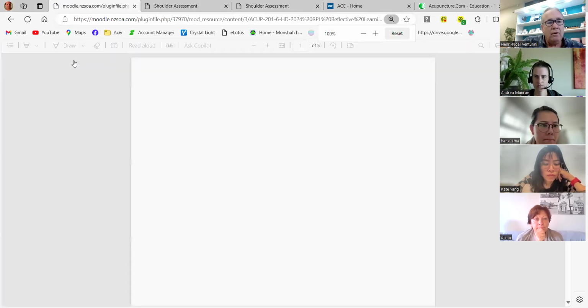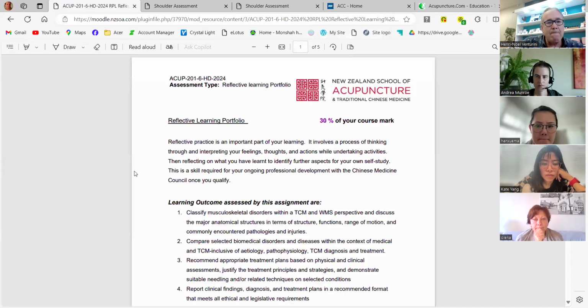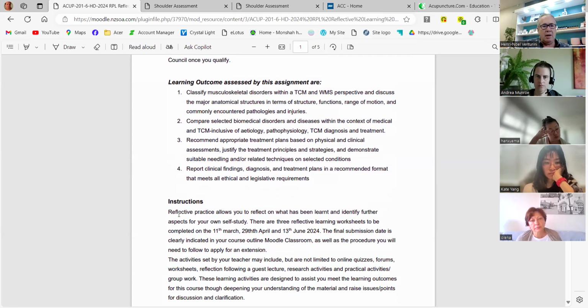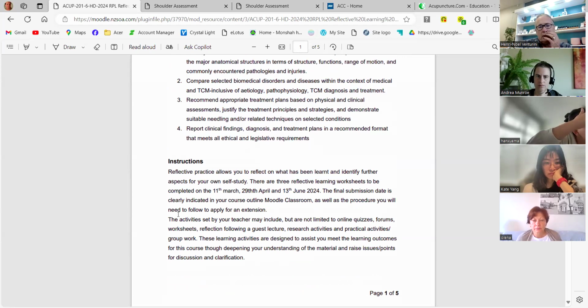The reflection portfolio is going to reflect what you understood as far as your learning outcomes are concerned, and it allows you to reflect on what's been learned and identify further aspects of your self-study. So it's a great way to understand where you're at and what you do and don't know.